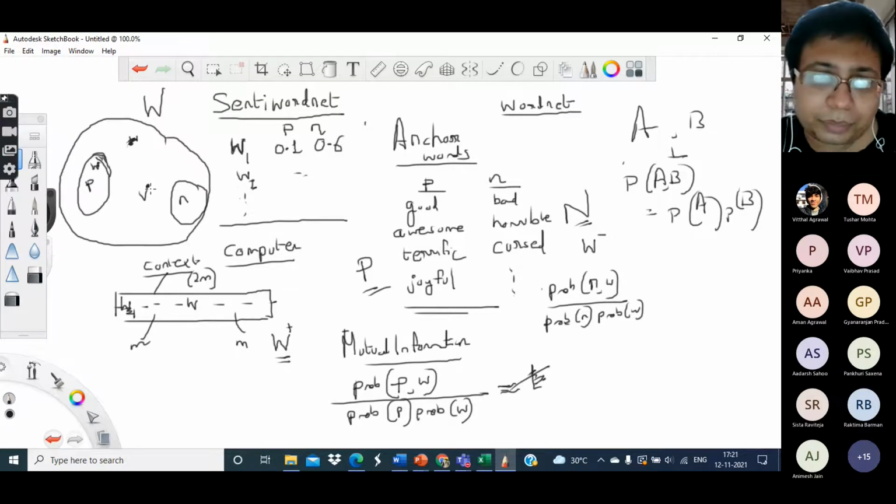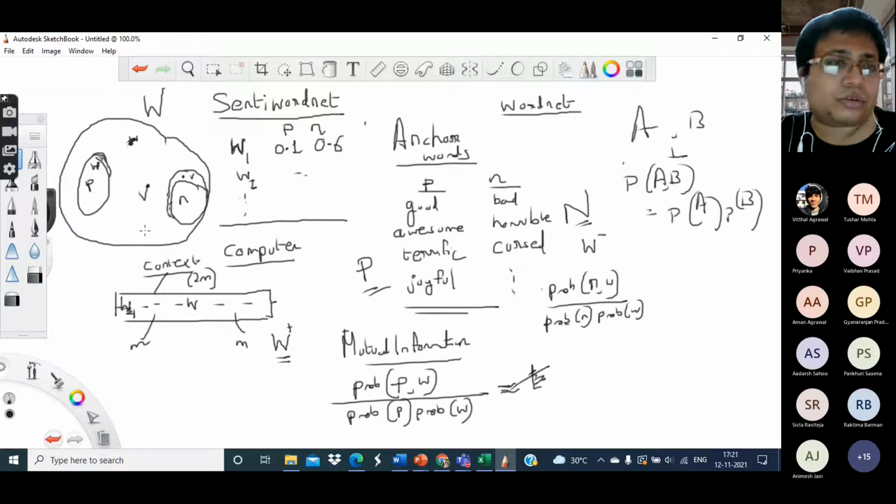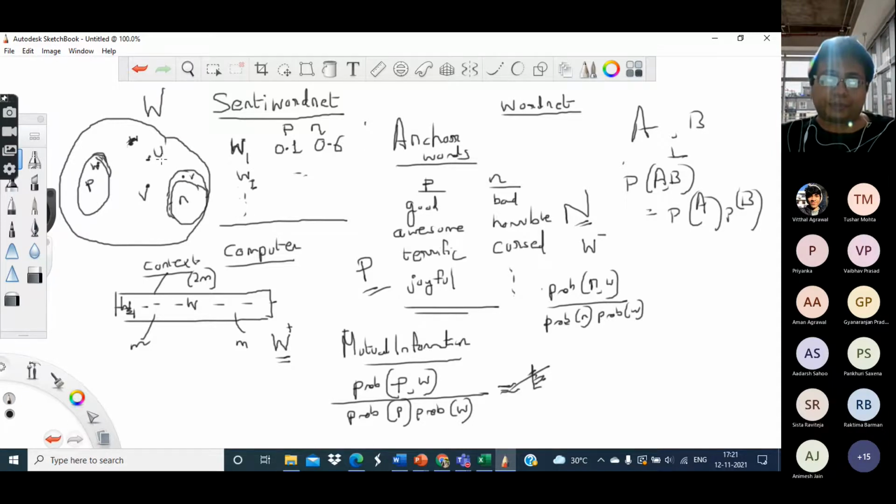So you attach some N score to V and you expand N by including V in it. And this way you keep going. You take one more word, let us say U, and again you do the same test.